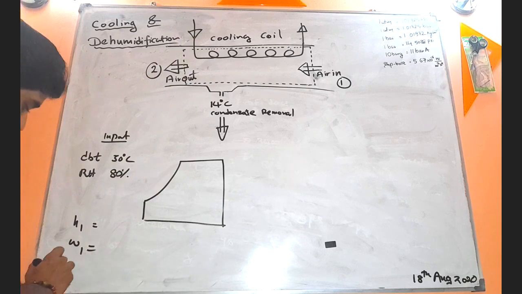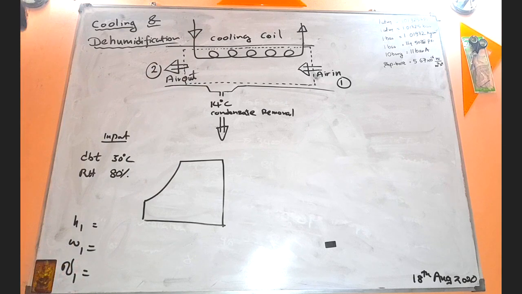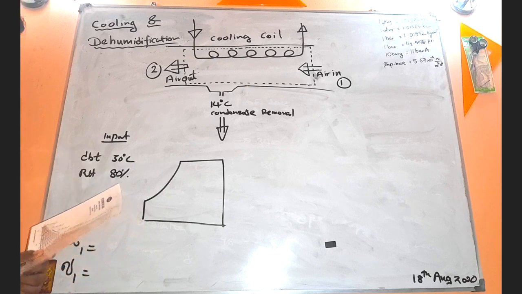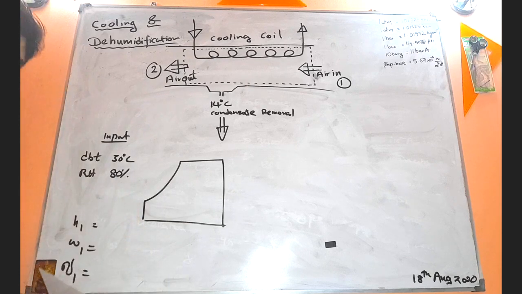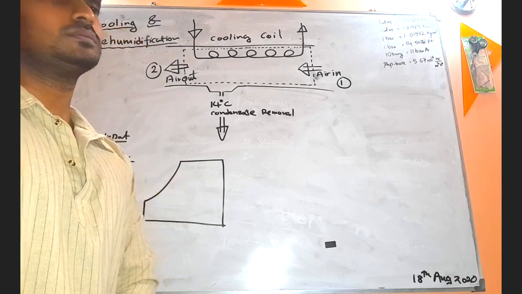So how do we find the specific enthalpy? You know that in order to refer to the psychrometric chart, we must know two parameters.